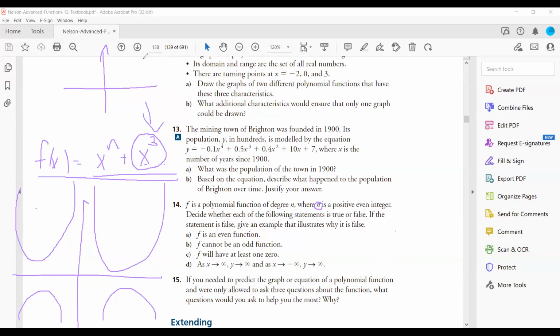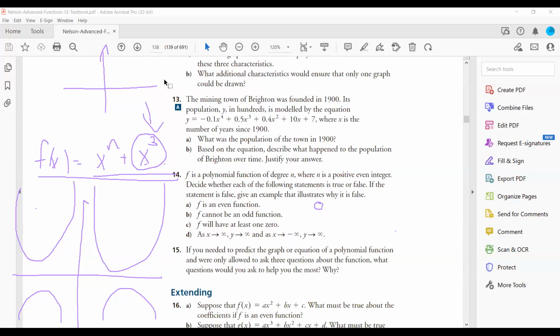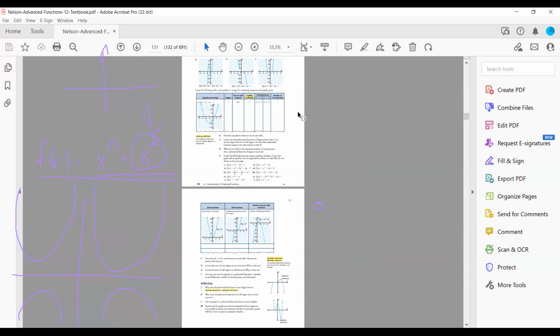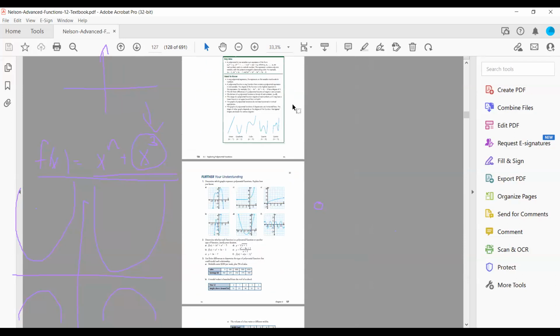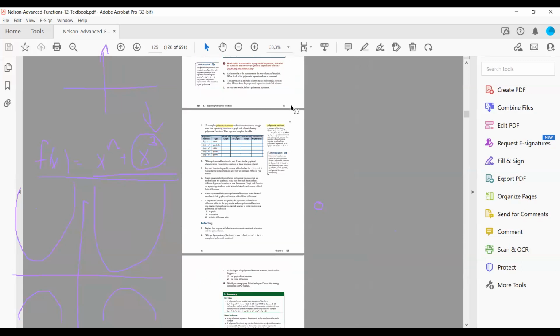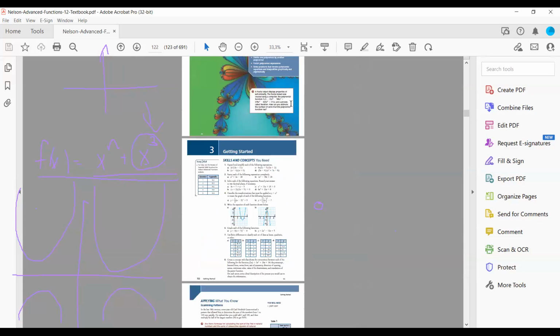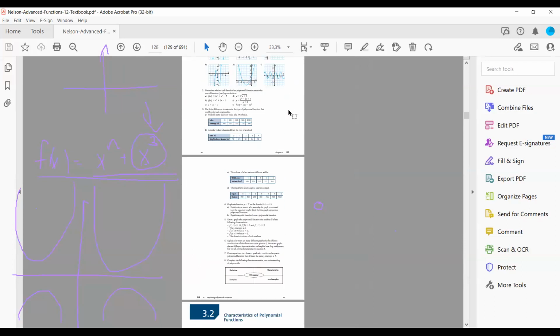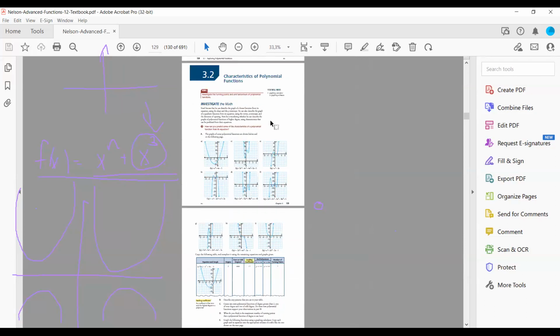If you remember, before this, let me scroll up. We had an example of a function that wasn't odd and wasn't even.